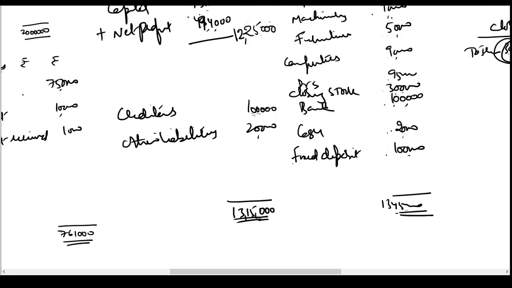So 12,25,000 plus 1,20,000 is 13,45,000.